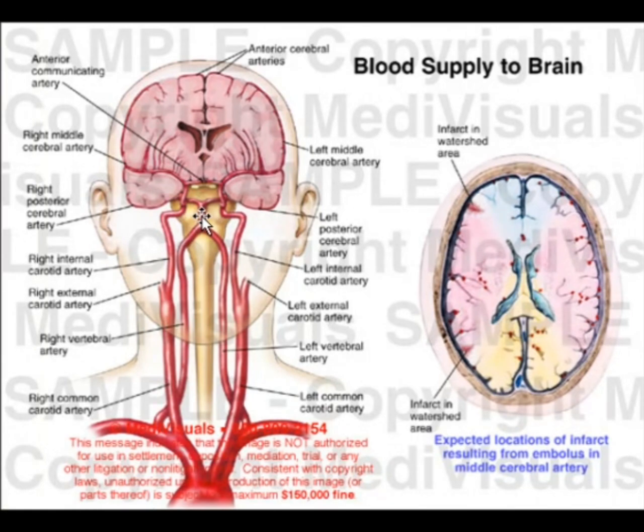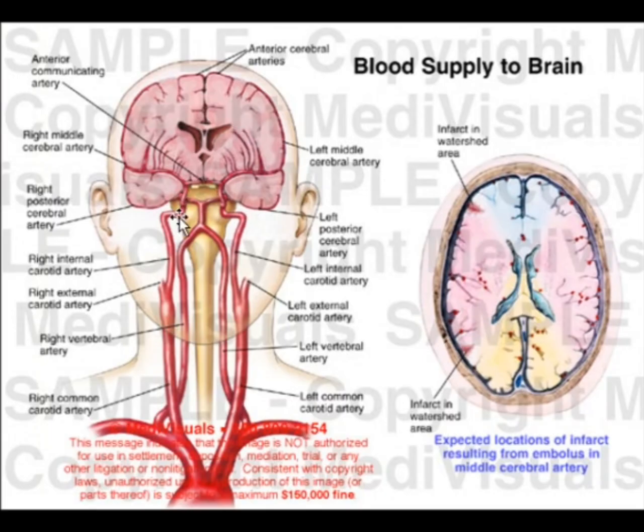So we have looked at two blood vessels which enter the cranial cavity to supply the brain: the internal carotid, which passes through the carotid canal, and the two vertebral arteries, which pass through the foramen magnum. This is the coronal section of the brain.